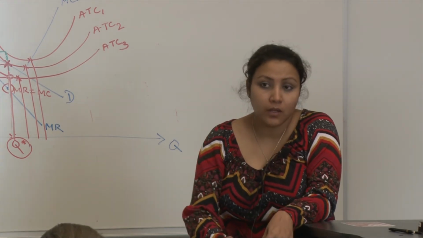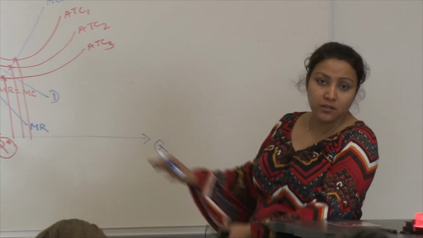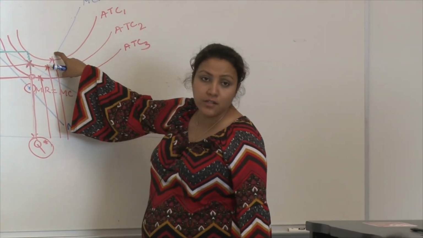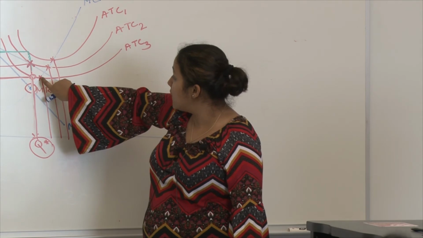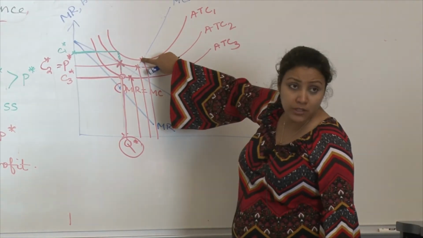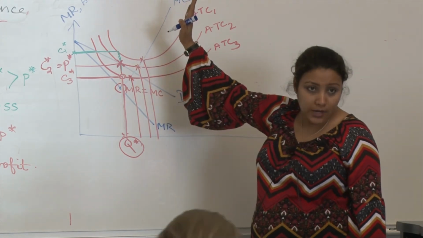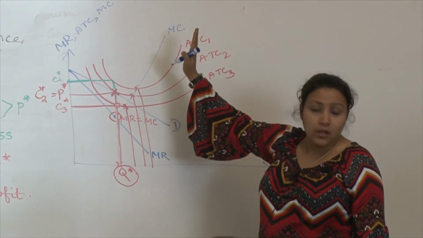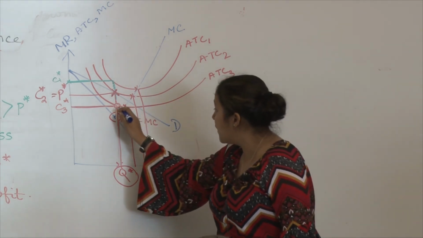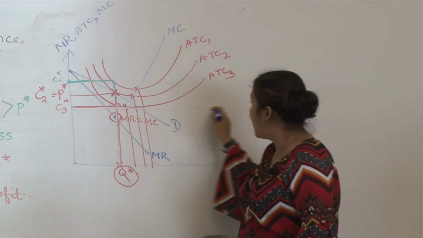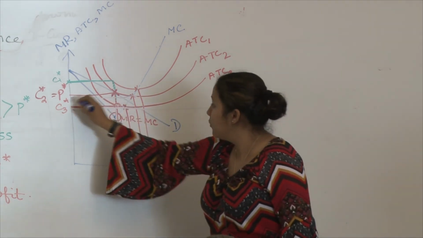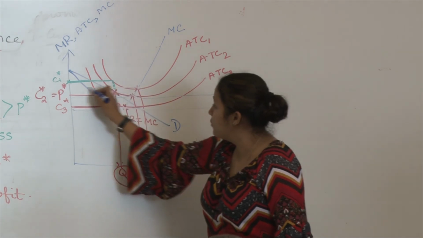Okay. You understood why it is not cost minimizing? Because this Q star is not at the minimum point of these ATCs. The minimum point of this ATC would have been here, for this it would have been there, for that one it would have been there, where the MC cuts through. Now, had this been perfect competition, then where would I have the price? I would have it at that minimum price. It would have been MR is equal to P bar. For this one, it would have been at that minimum point. For this one, it would have been there.